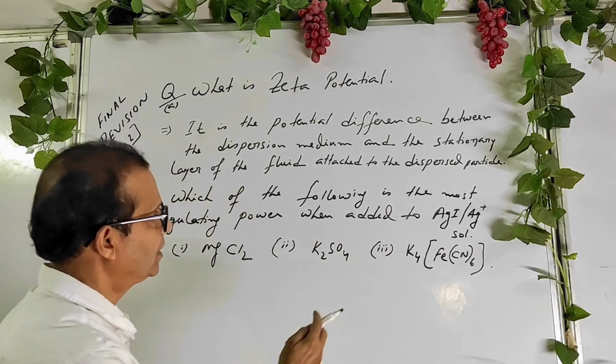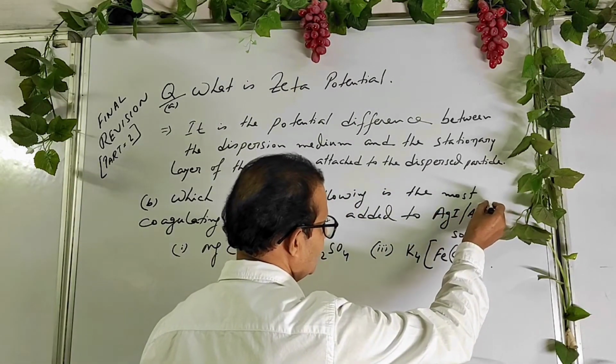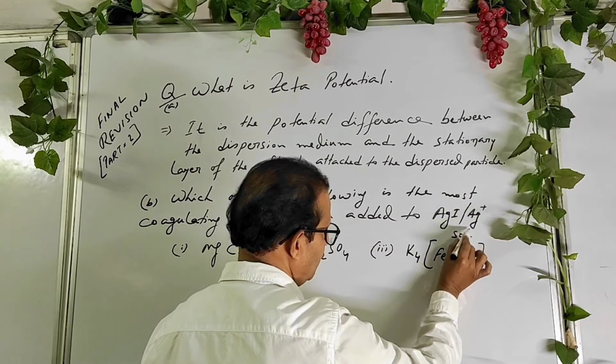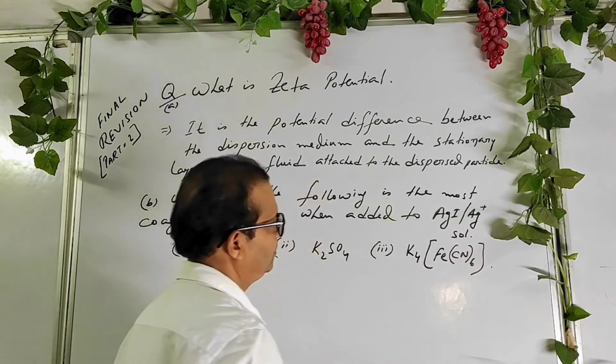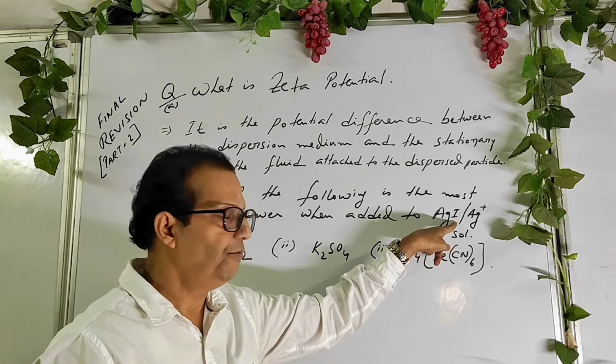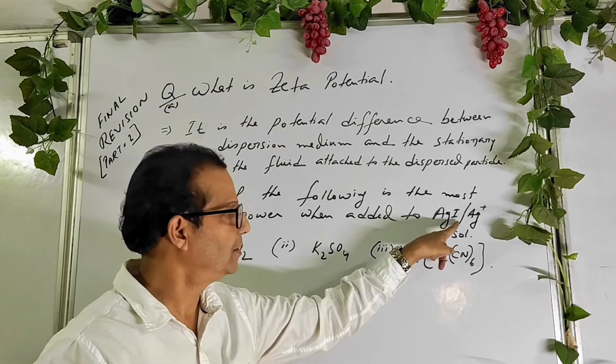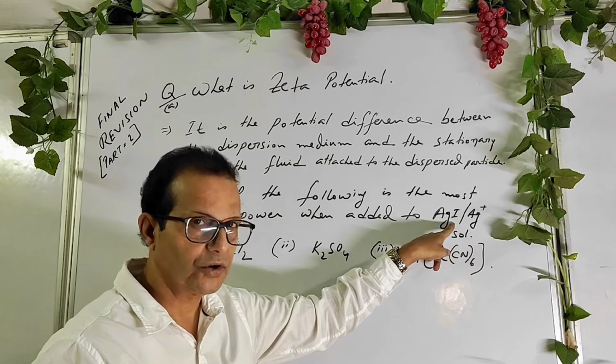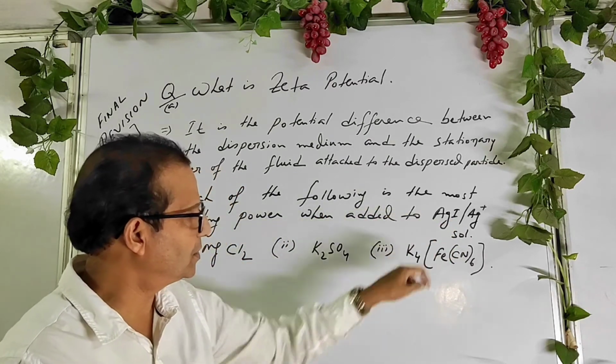So listen, it is directly mentioned that it is a positively charged colloidal solution. So the negative ion is responsible for coagulation or precipitation of colloidal particles.